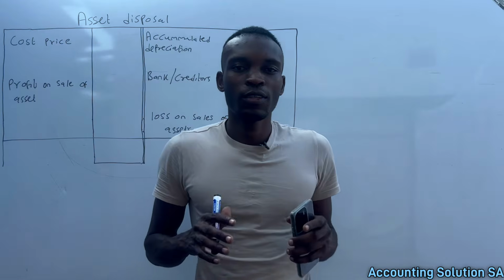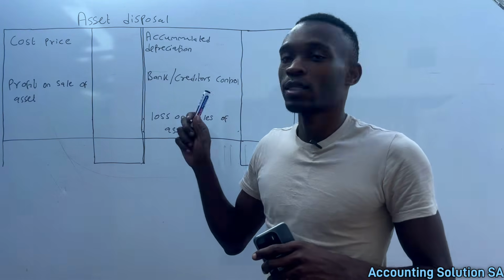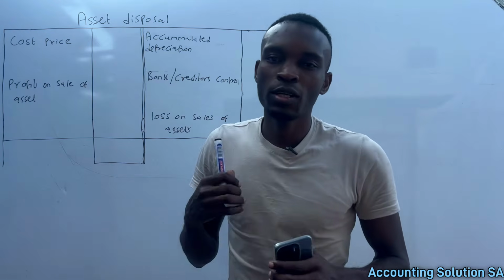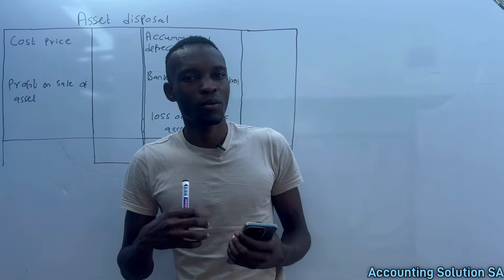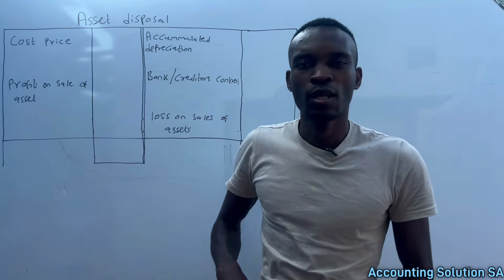Okay guys, so in this video we are going to explain how you should prepare asset disposal. Actually, we need to start by giving some basics on what asset disposal is.